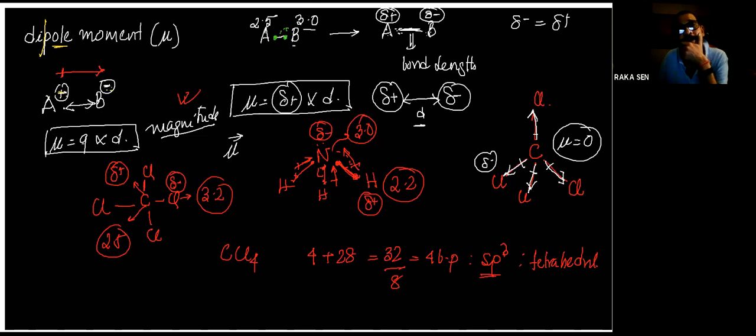One is plus and one is minus. That means 2 poles, and that's why we call it a dipole. And the dipole moment is the magnitude, and the direction is from positive to negative. This is what a dipole moment is all about.